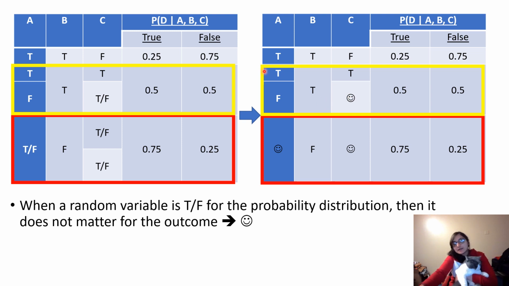So this is A is true, B is true, C is true, and this is a distribution, or A is false, B is true, and C can be anything, and this is what we get. So that's what the smiley is telling us: hey, it can be anything. It doesn't make a difference here, and that's what we get from summarizing the eight outcomes that I was showing you earlier. So please do write this down, and please do reach out if you have any questions on this.